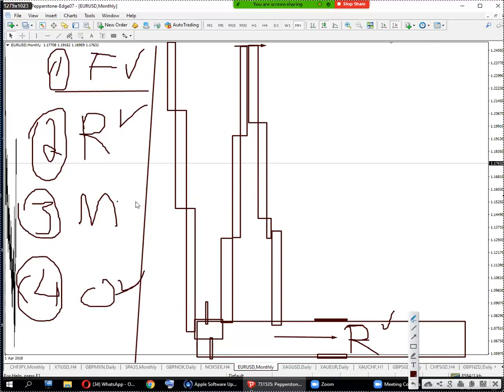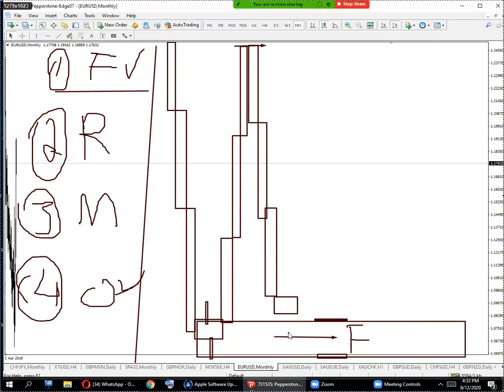Now about the multiple zones. Check this one. The market is dropping, then the market also created a base candle here. The base candle is retesting the previous number one zone. Also the market created the number two zone here. This one is also a base candle.